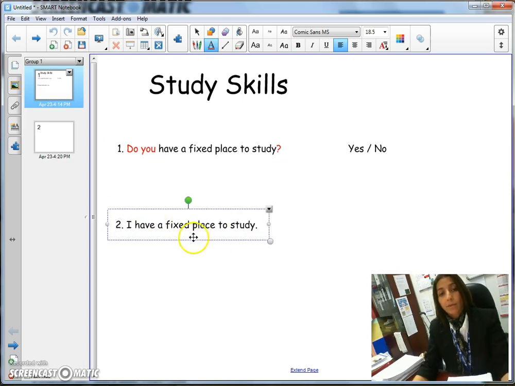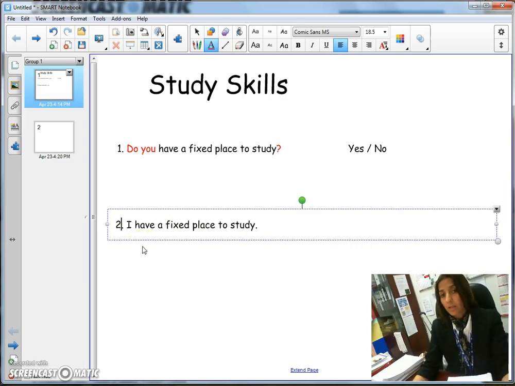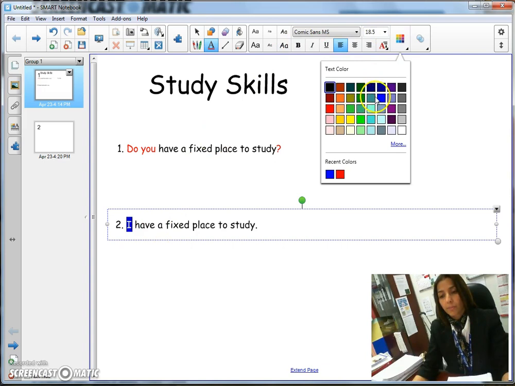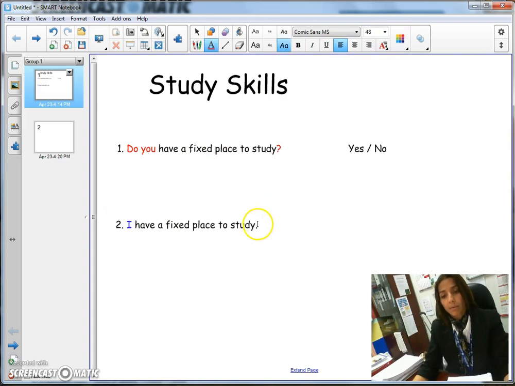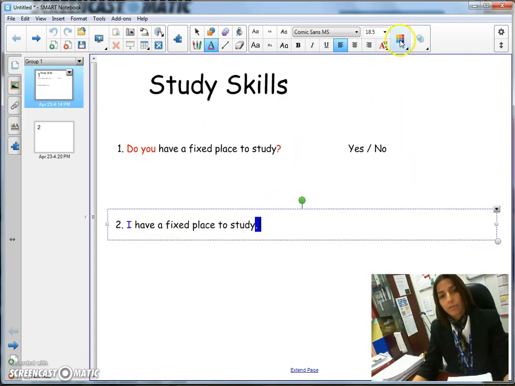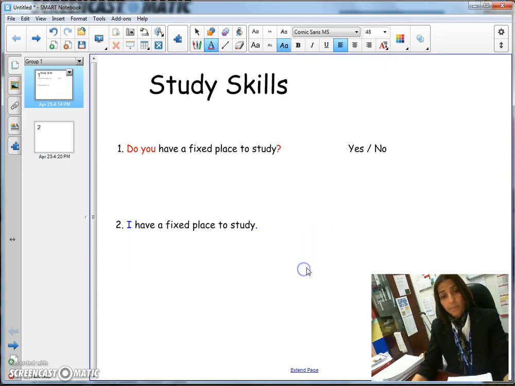Take a look at the second item over here. And what do you notice in this? It's different from the first one because it's not a question. It starts with "I." So it means it's giving a personal response. So it starts with "I" and it has a full stop. Right?